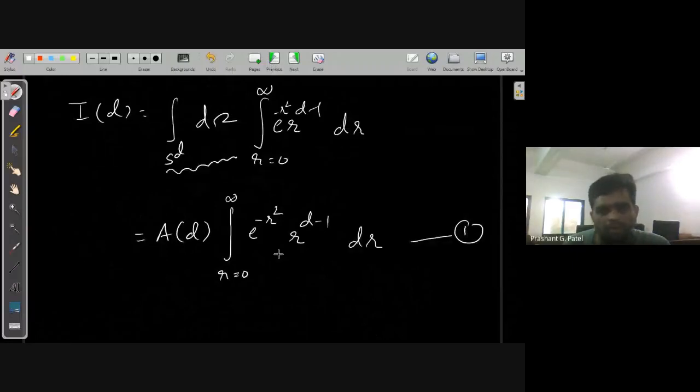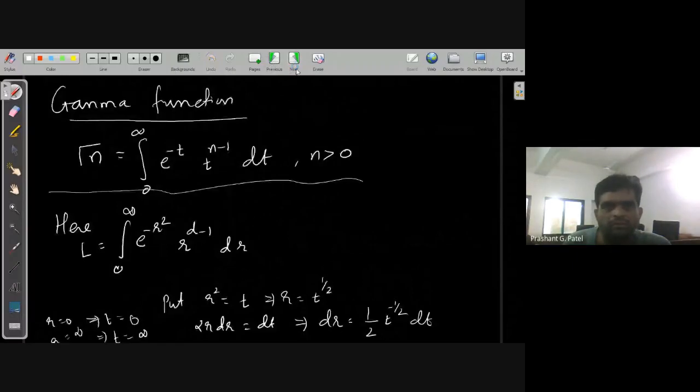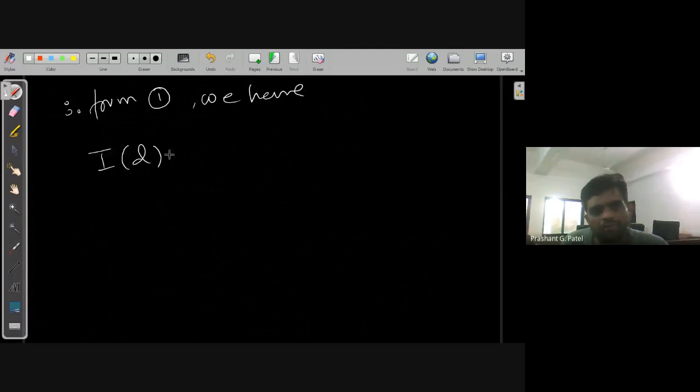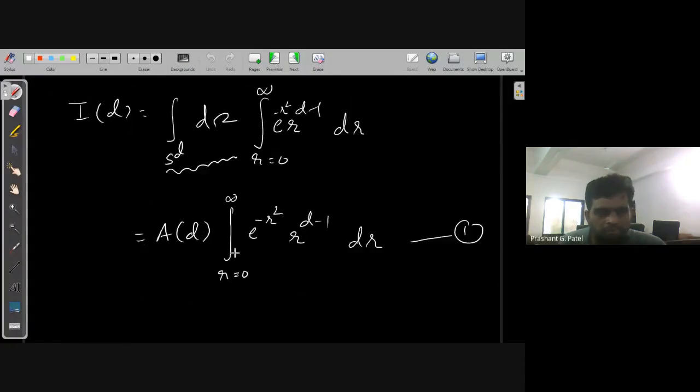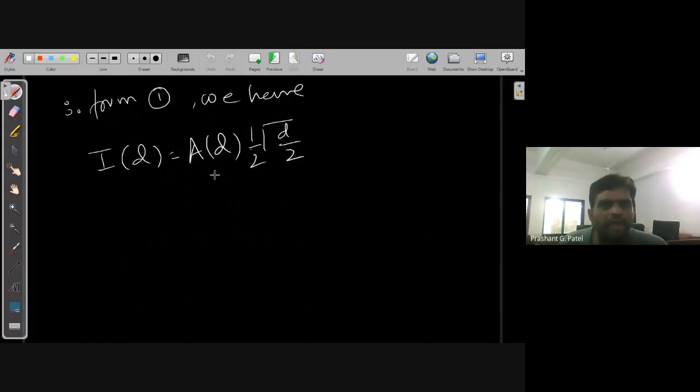So from equation 1, we can obtain ID equal to AD into 1 by 2 into gamma d by 2. We'll substitute that value here. The value of AD we have already calculated.